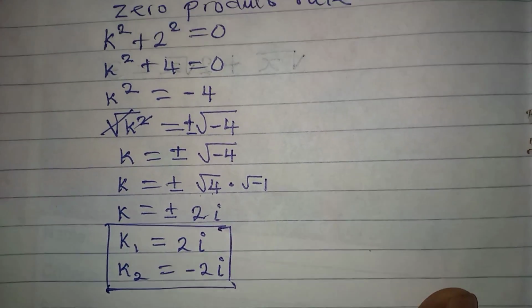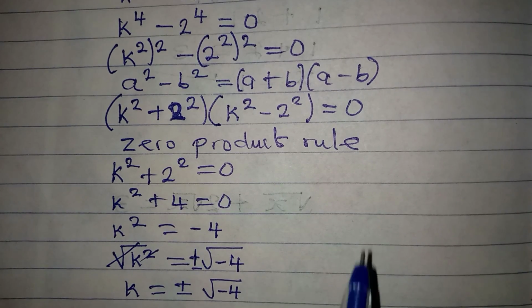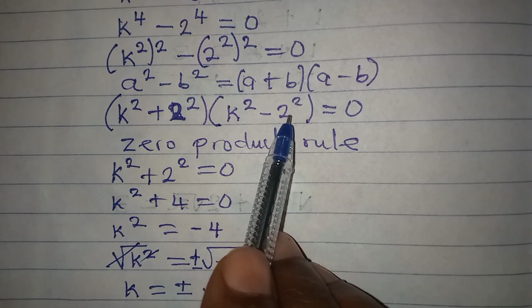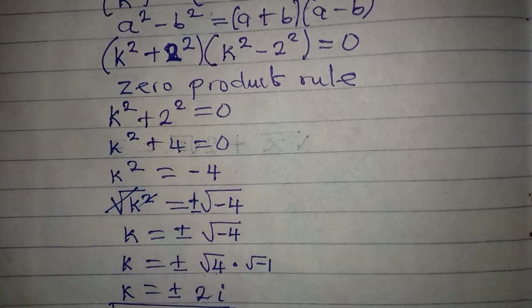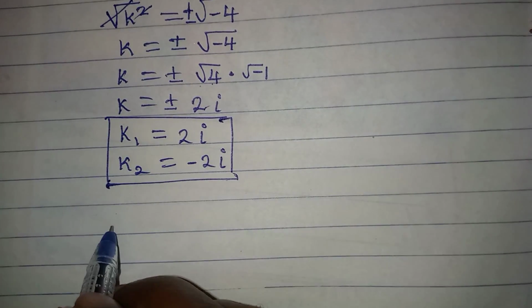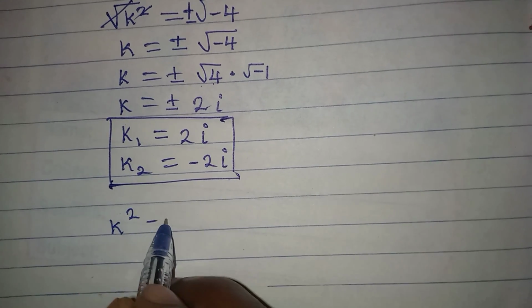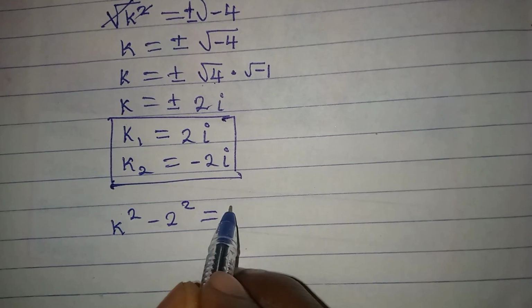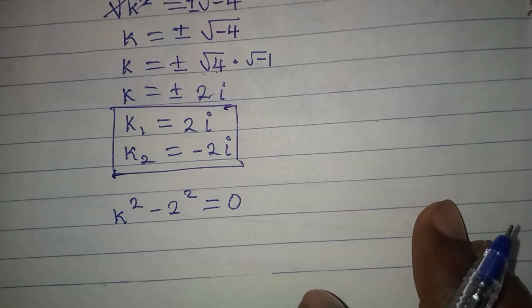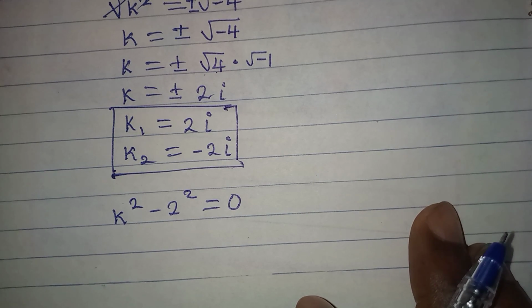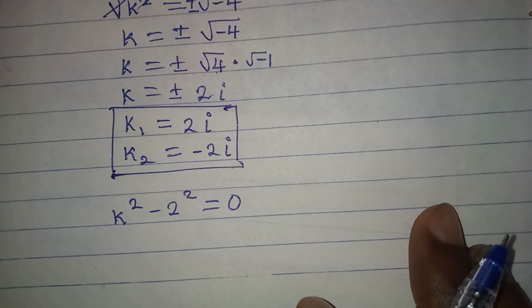Now, the second factor, let's go back there. We have k squared minus 2 squared equal to 0. Let me bring that down. From here, we can still apply our difference of two squares method.